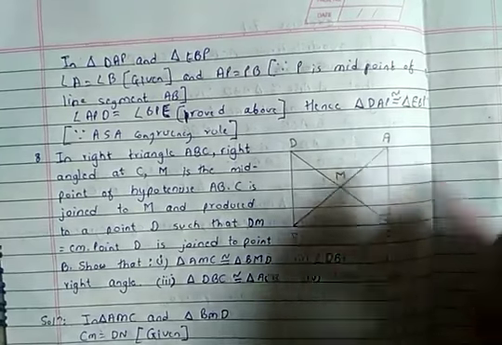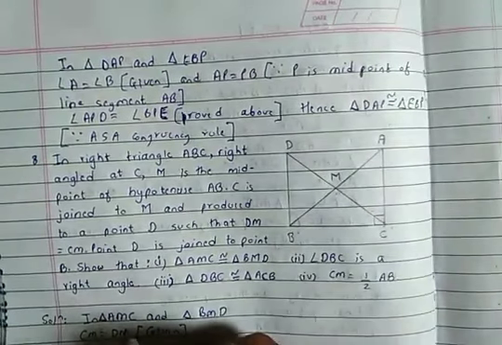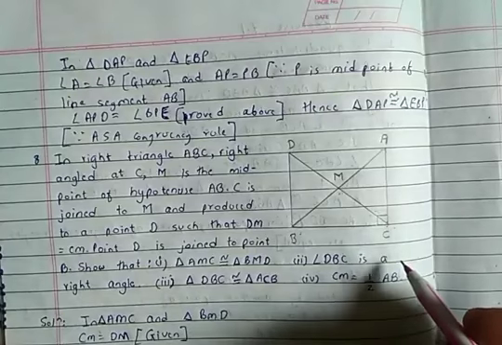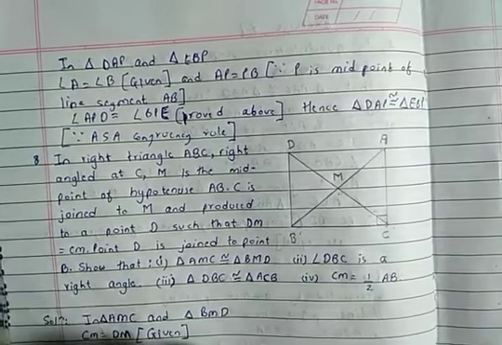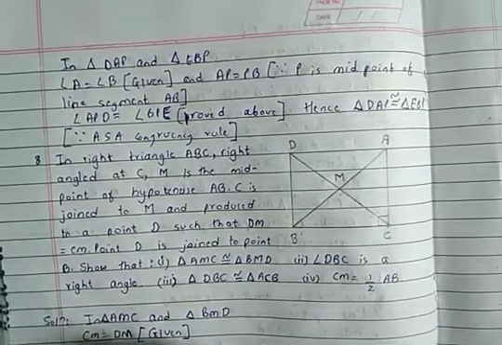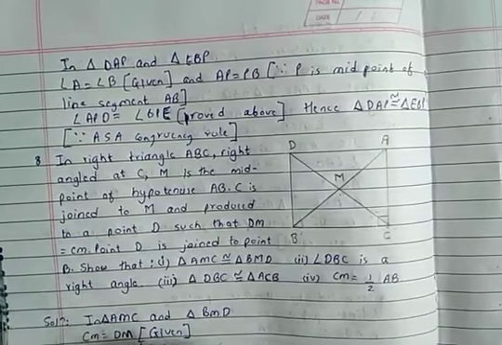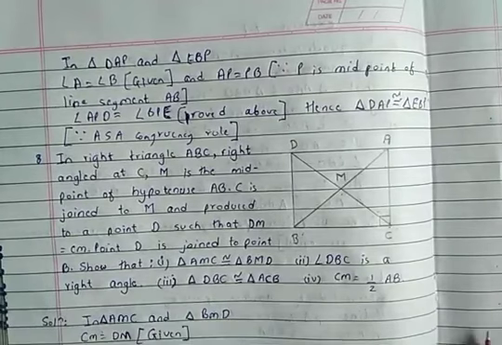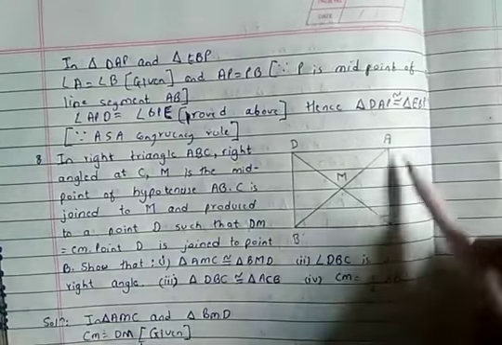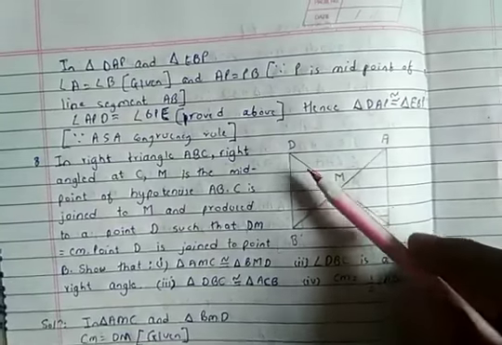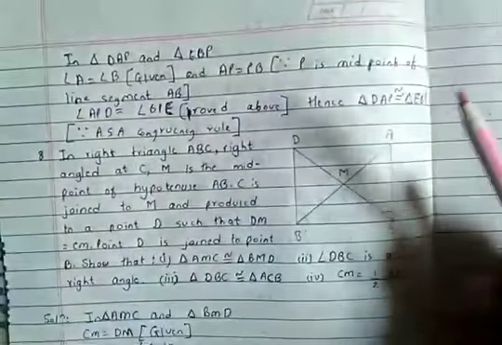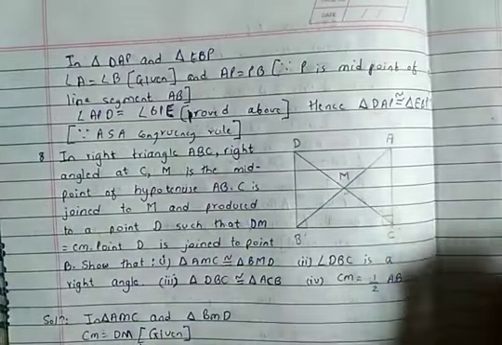This is given. Okay. Second thing will come, angle AMC is equal to angle BMD. How can you say that they both are equal? Because of vertically opposite angles, right?